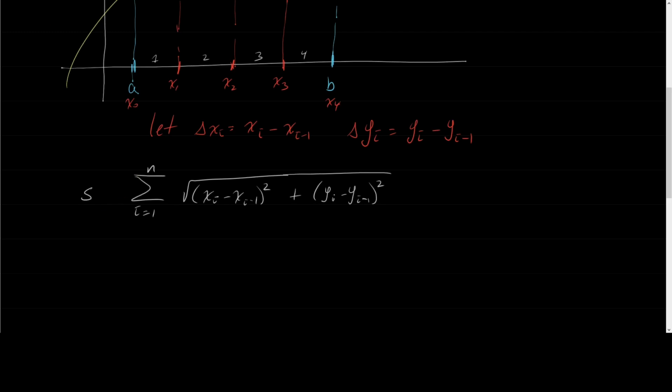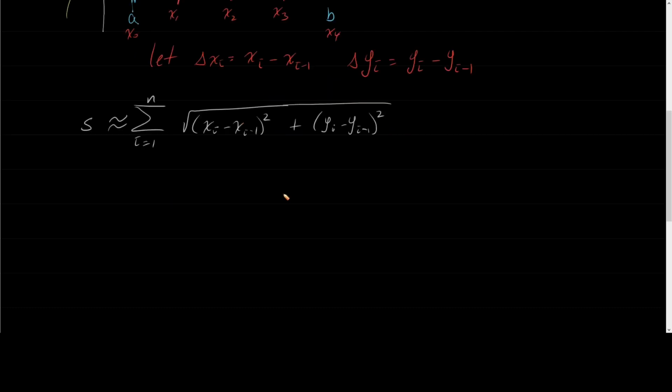All right. So what we can say now is, let's manipulate that statement, that square root. First, I want to manipulate the inside. So I have (x sub i minus x sub i minus 1) squared plus (y sub i minus y sub i minus 1) squared.